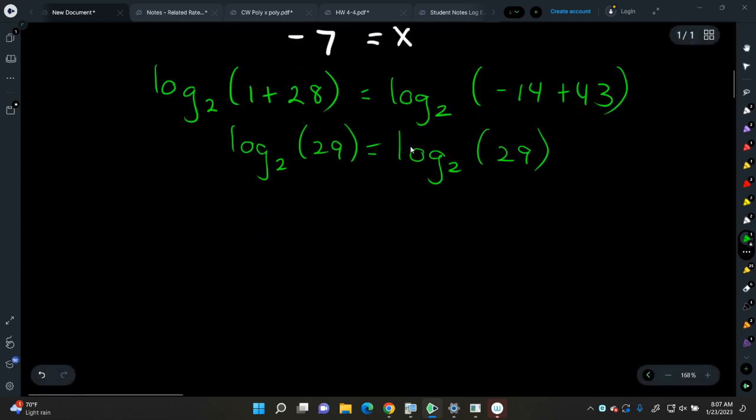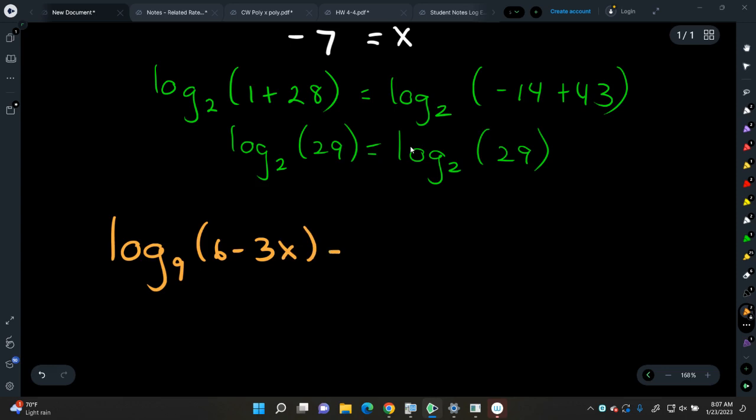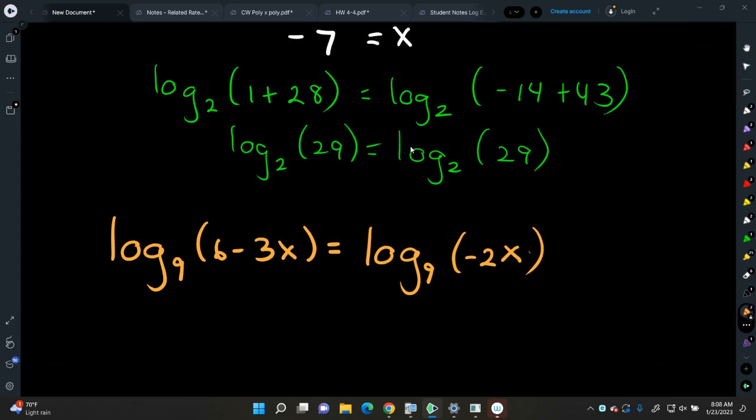Okay, let's look at another one. Let's do log base 9 of 6 minus 3x equals log base 9 of negative 2x. Sorry about that. And again, just a reminder, we can only solve it like this if there's a single log on each side of the equation.